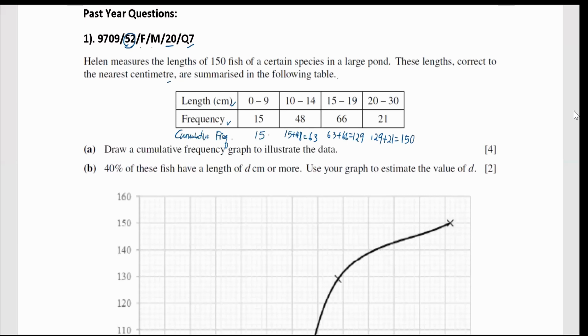So when you calculate the cumulative frequency, the last value will be the total number of fish. That means it is the total number of the data. That is how we calculate the cumulative frequencies. The values we obtain are 15, 63, 129, and 150.